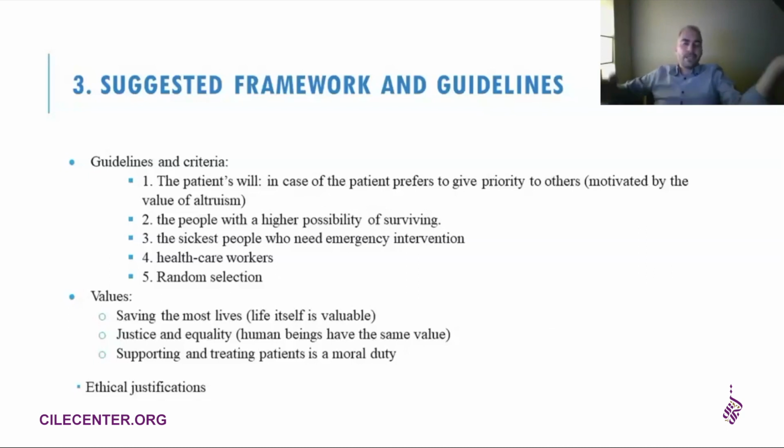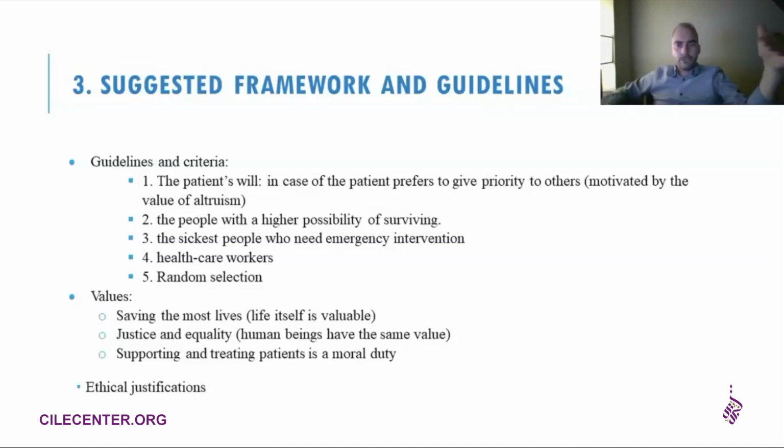Because here we are among another value, which is ethar, altruism, and then we should take it into consideration. And if he chooses to wait, not to be excluded totally, then okay, we have to listen to his will and respect the value that he's seeking in this case.